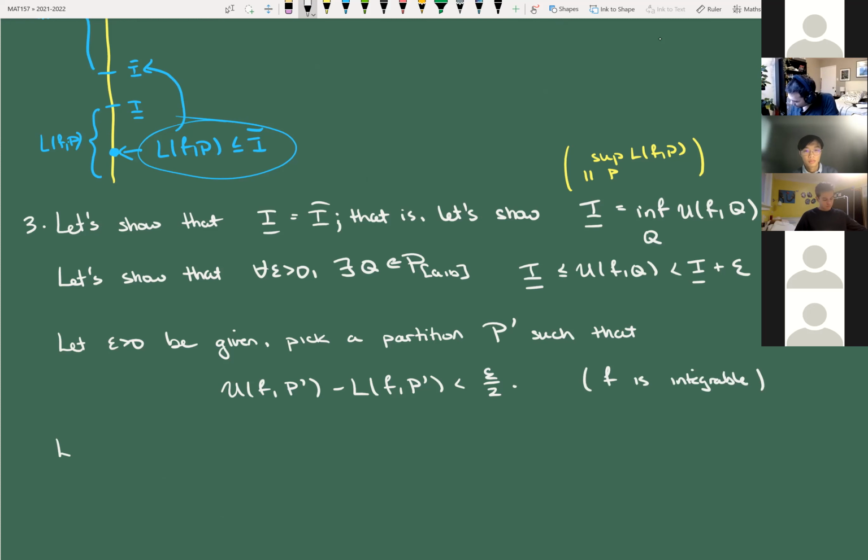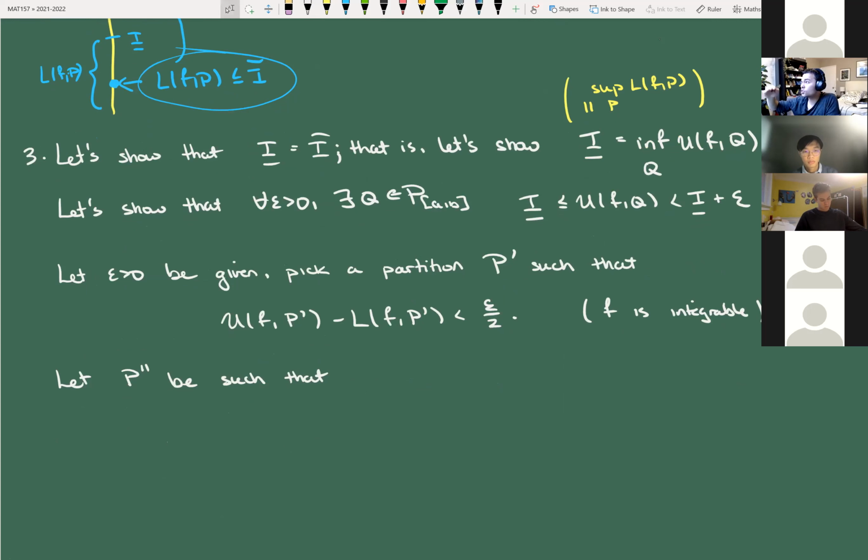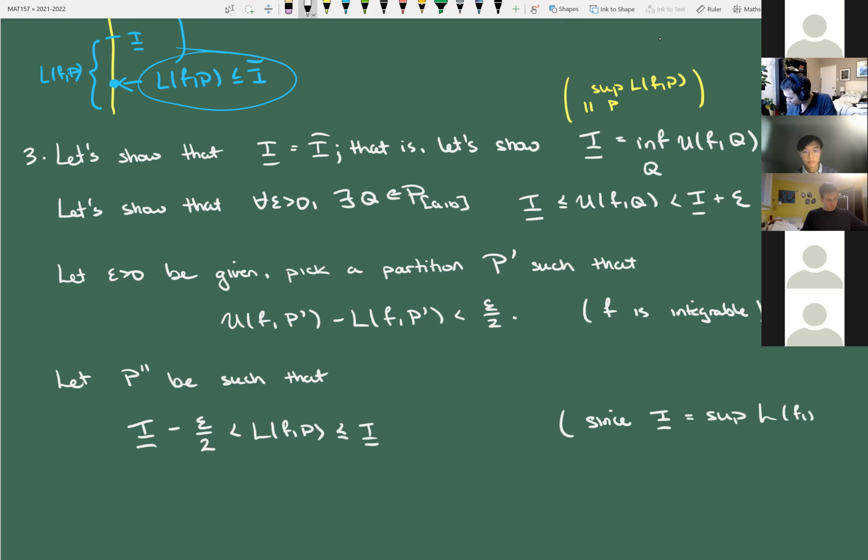Okay, and let P double prime be such that, okay, so if I'm doing the sup, I want to go down a bit. So I under bar minus epsilon over 2 is less than L F P. It's less than or equal to I bar.